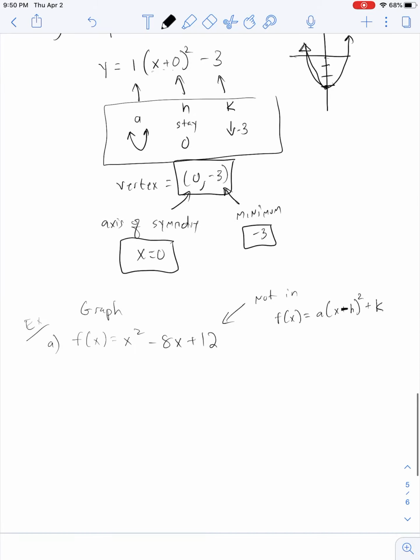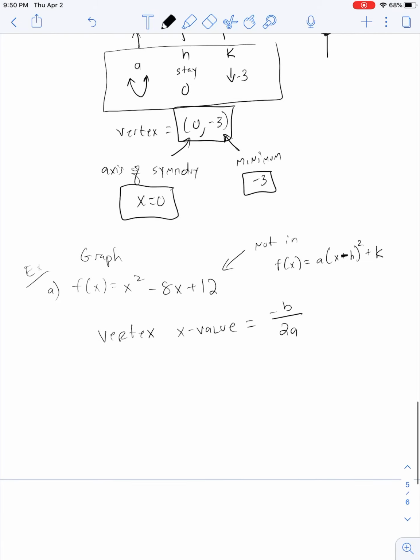So when it comes to this, we're going to find the vertex first. And there's actually a formula for the vertex in regards to the x value. The vertex x value is negative b over 2a. That is our x value, right?